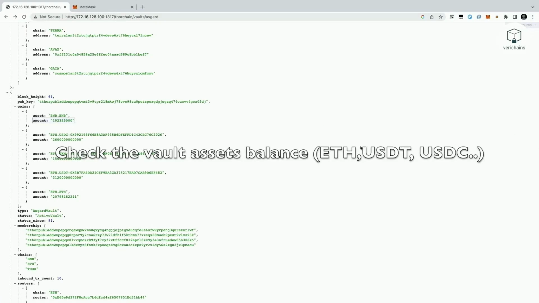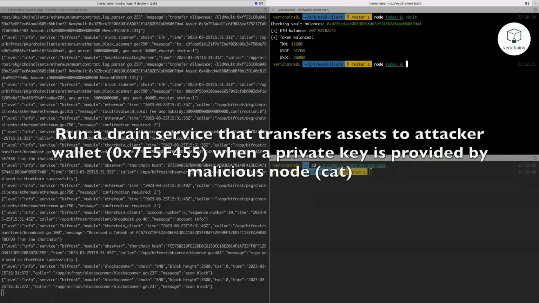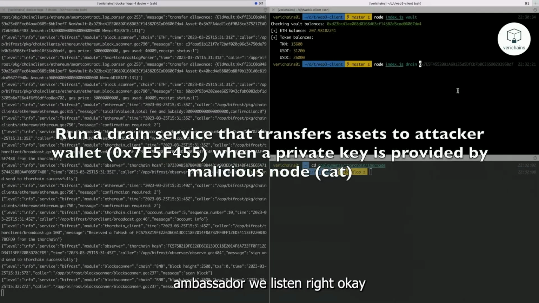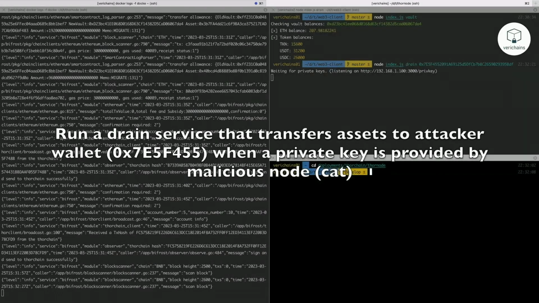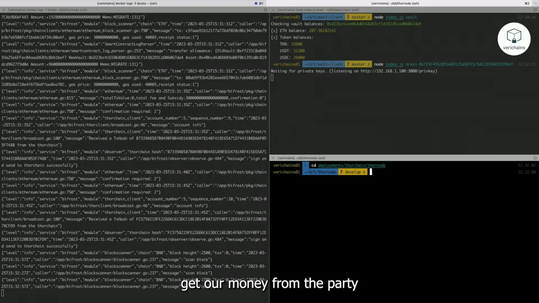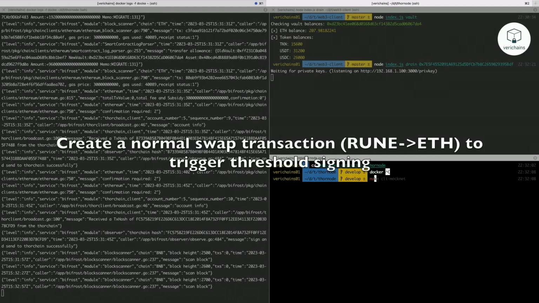Initially, the wallet has some tokens. Now we run the attack server, which listens for the private key and automatically gets all the money from Thorchain.